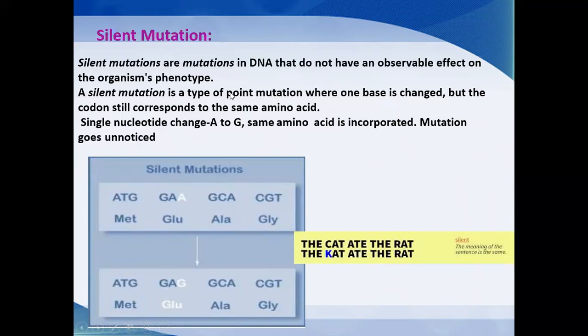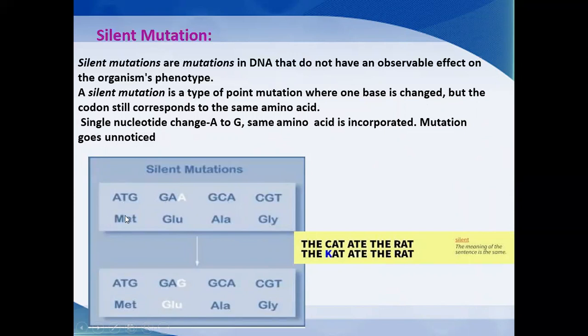In a codon, one of the nitrogen bases is replaced with another, but in the translation process the same amino acid is incorporated in the protein molecule. For example, a single nucleotide change from A to G. The same amino acid is incorporated, so the mutation goes unnoticed. We are unable to identify the mutation.